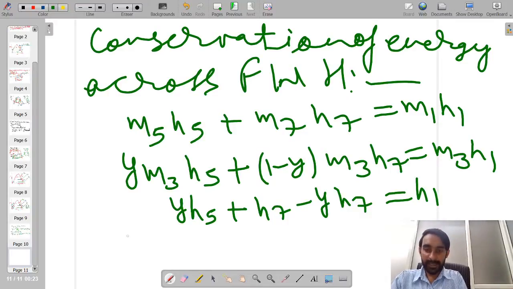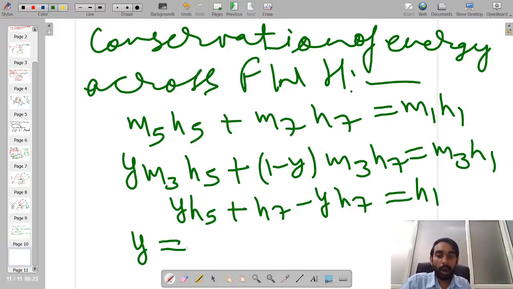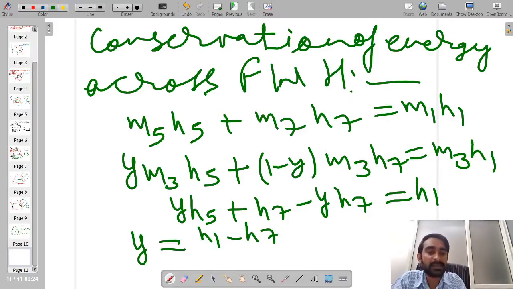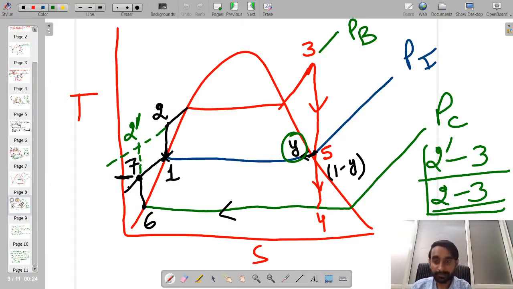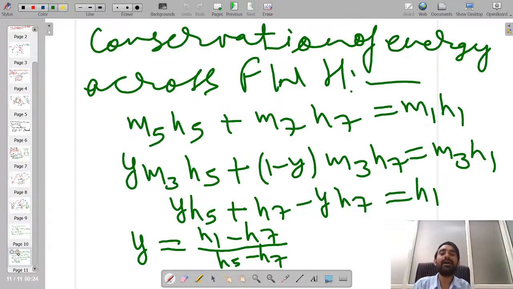If I take y common and bring all the enthalpies to the right hand side, I find that y is equal to H1 minus H7 divided by H5 minus H7. This is the fraction y which we have got in terms of the enthalpies at specific locations.